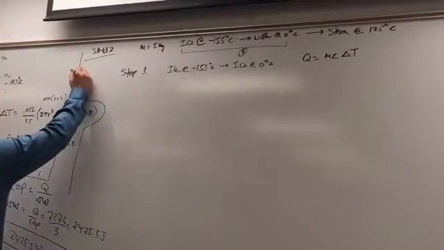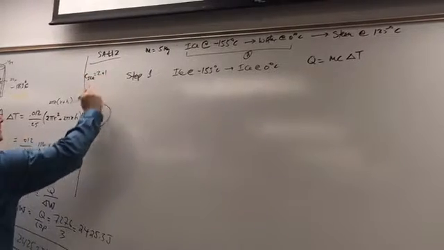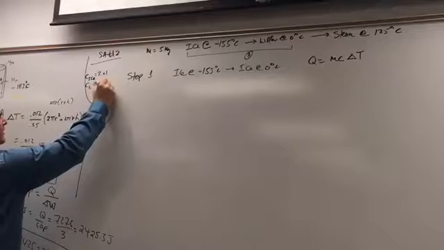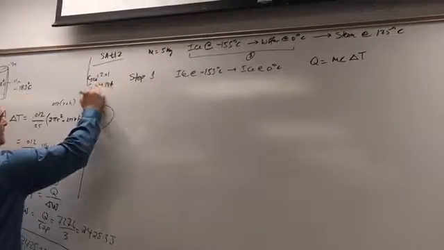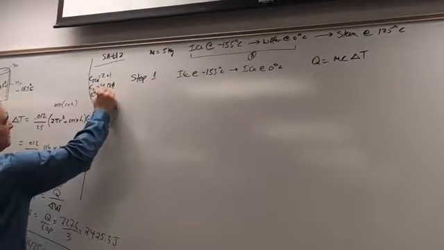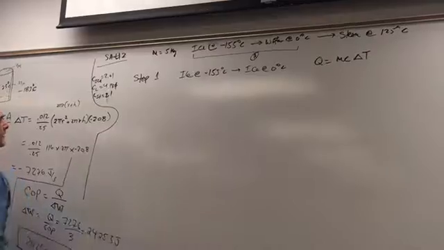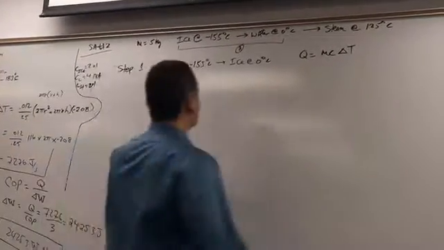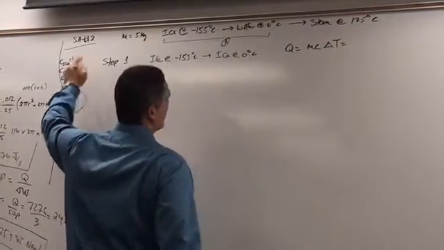So we have C of ice equals 2.01, C of liquid water equals 4.184 or 4.186, and C of steam equals 2.1. Okay, 2.01 joules per gram.